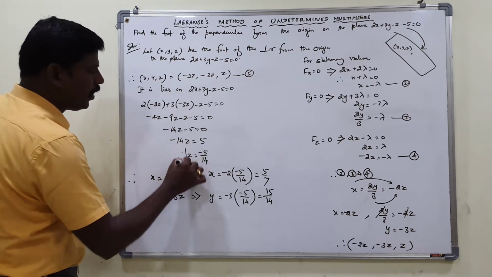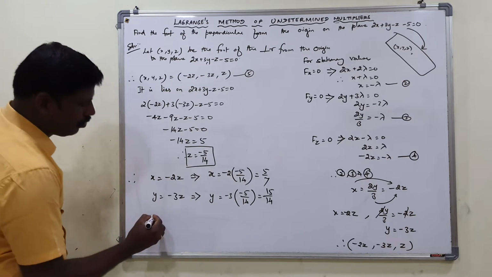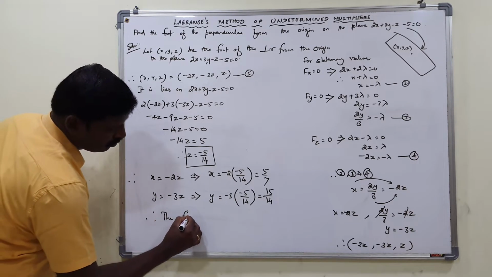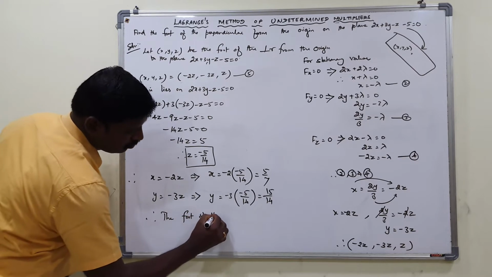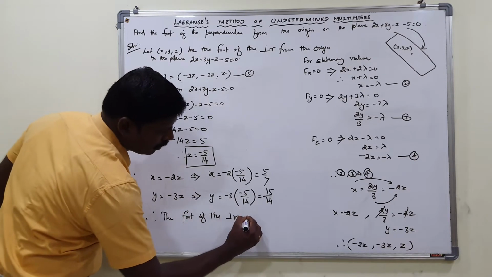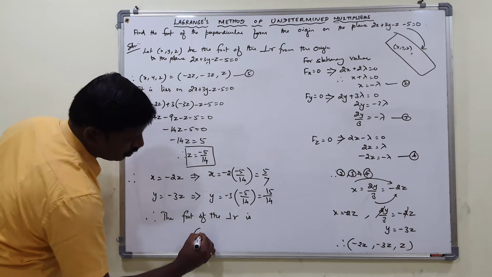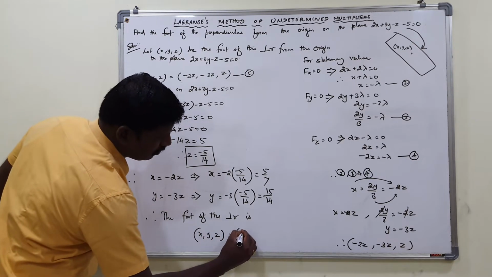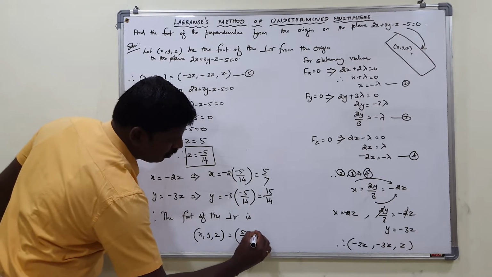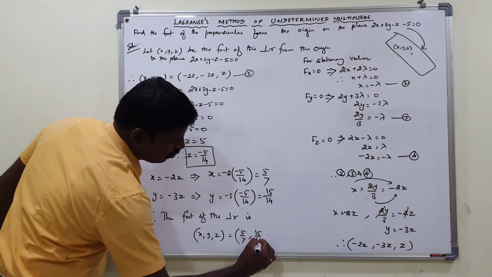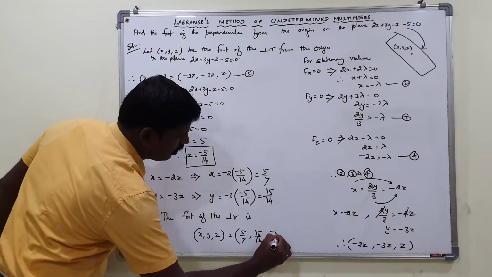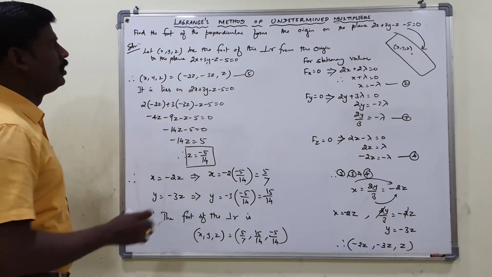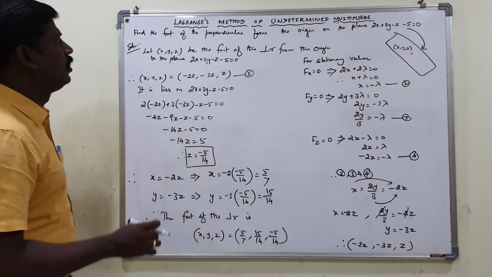z we have already found. Therefore, the foot of the perpendicular is what? x comma y comma z is equal to what? What is x? 5 by 7. What is y? 15 by 14. What is z? Minus 5 by 14. Finally, it is the foot of the perpendicular. Okay?